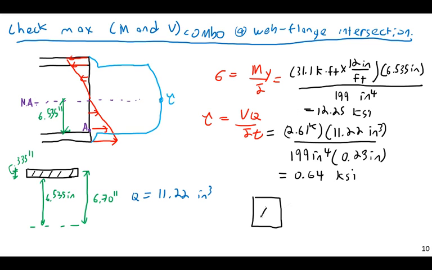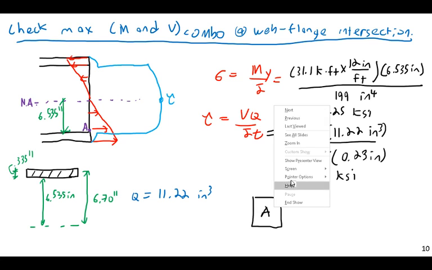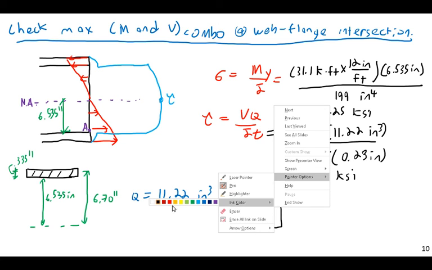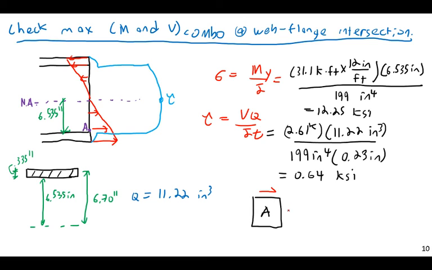And this is our stress element here. We're going to have this, like this, and like this here. Negative shear actually in this case, I guess. Tau xy is going to be 0.64 ksi.